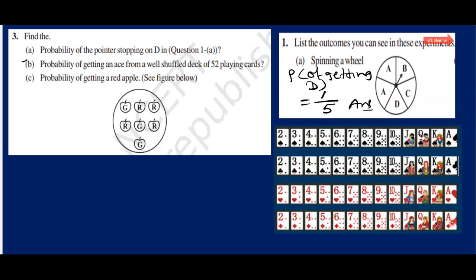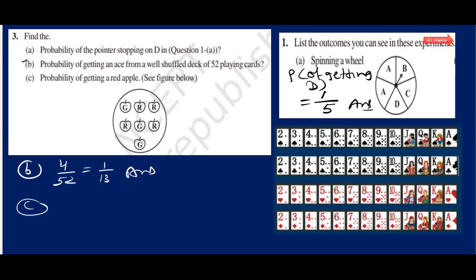So the answer of B part, we can write here, that is 4 upon 52, means out of 52 playing cards there are 4 aces, that is 1 upon 13. This is the answer of part B.